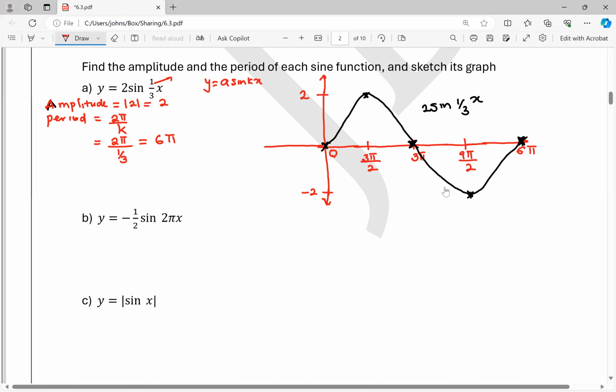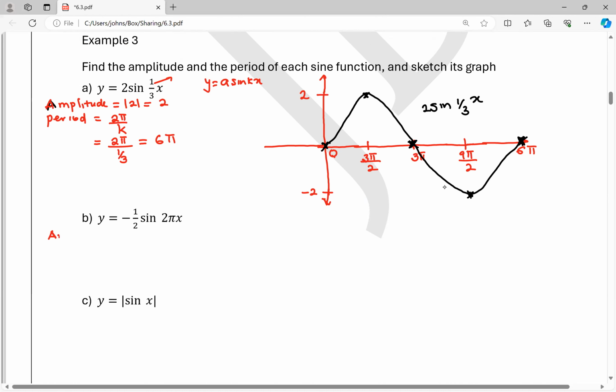We need to find what our amplitude is in this case. It's just going to be the absolute value of minus half, which is just half. Then the period is still 2 pi over k. But now what is k?